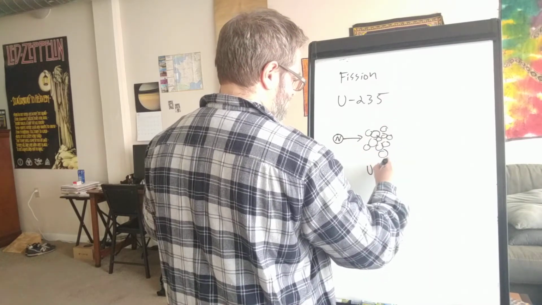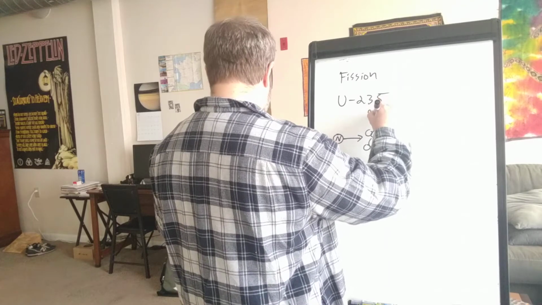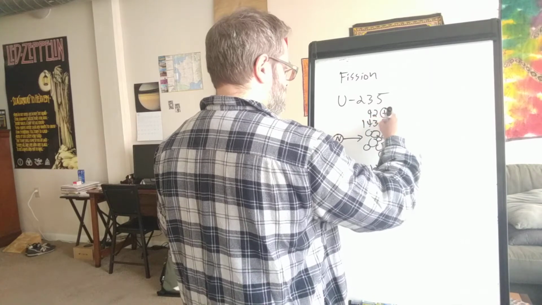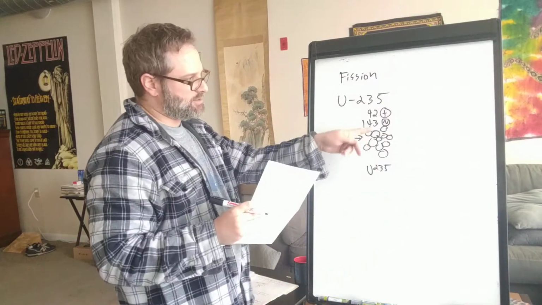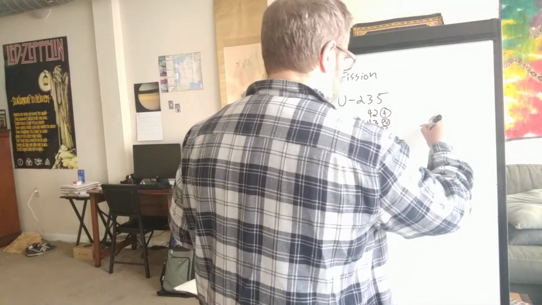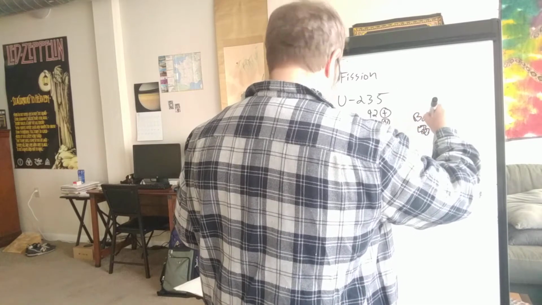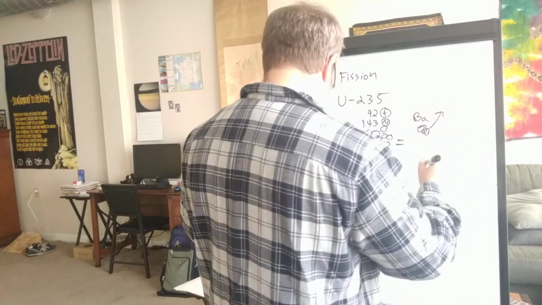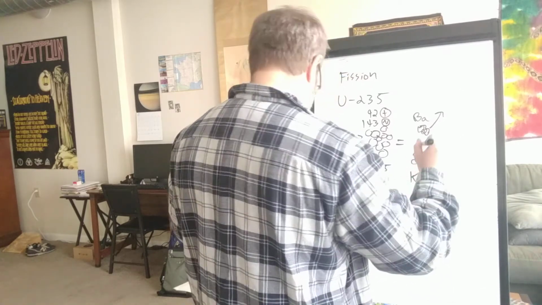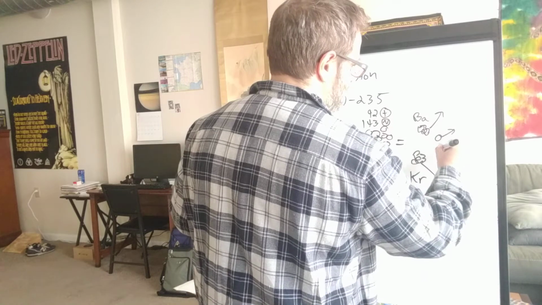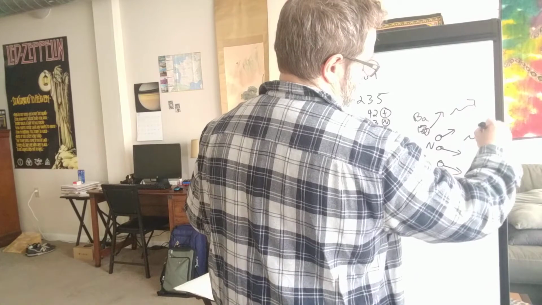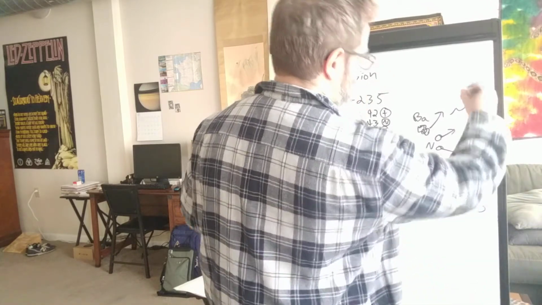So U-235, which has 92 protons, 143 neutrons. So we fire that neutron at that U-235 nucleus, and this turns into a barium nucleus flying off, a krypton nucleus flying off, and then 3 more neutrons, and a bunch of high energy photons.